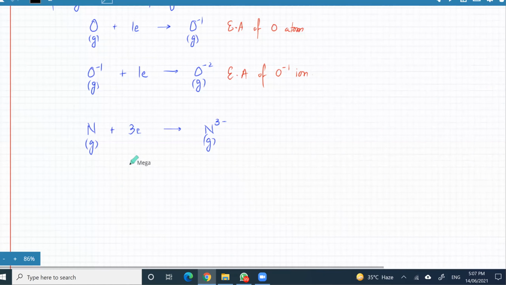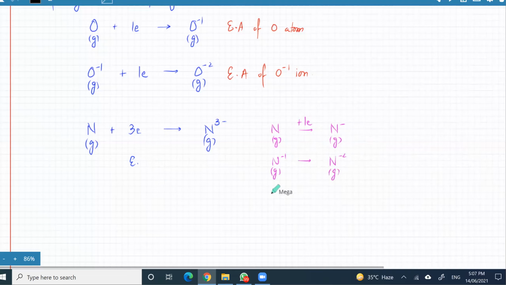This is basically electron affinity because three things are happening over here. First, nitrogen gains an electron and turns into N-1 gaseous, right? Then N-1 plus 1 electron gains an electron and forms N-2, right?